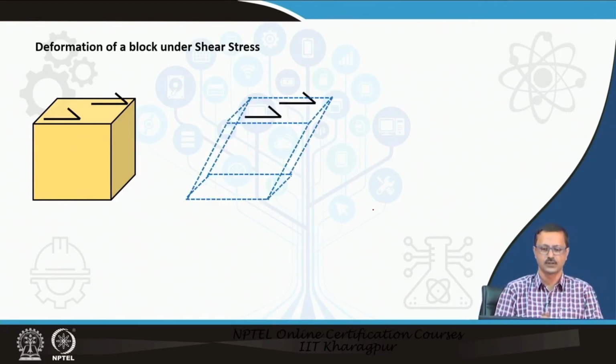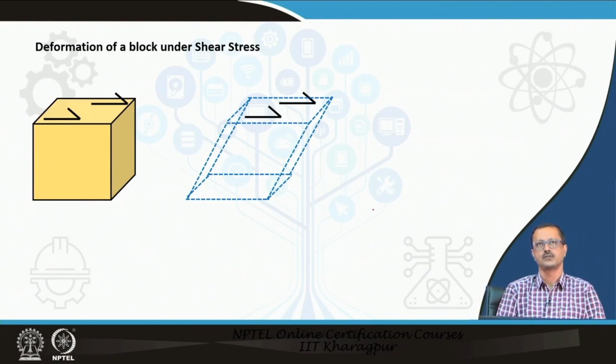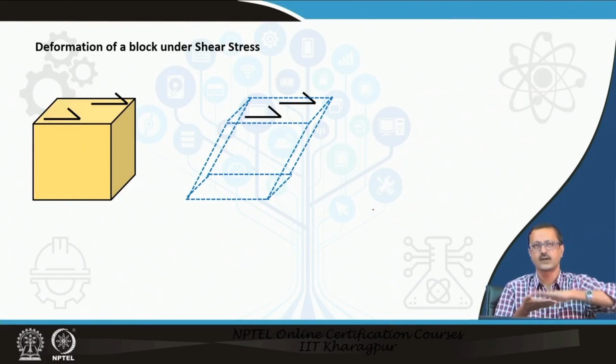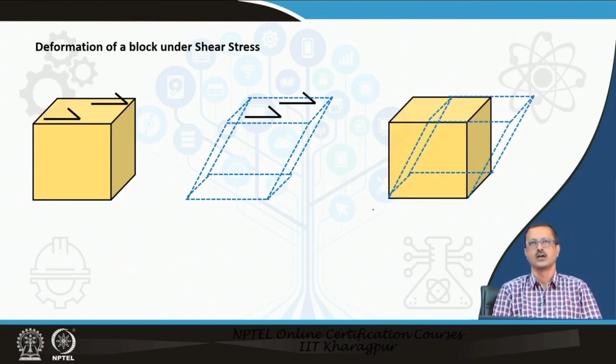If you take a thick book and push from the top with your palm, the book is going to deform. What happens here is that each layer of material over the other creates a shear force transfer, and then this kind of deformation takes place, from the original shape to a deformed shape.